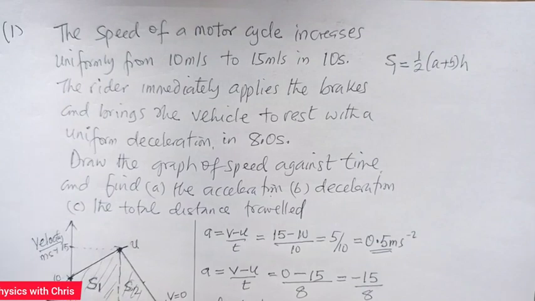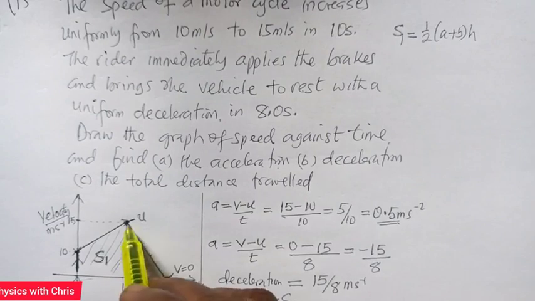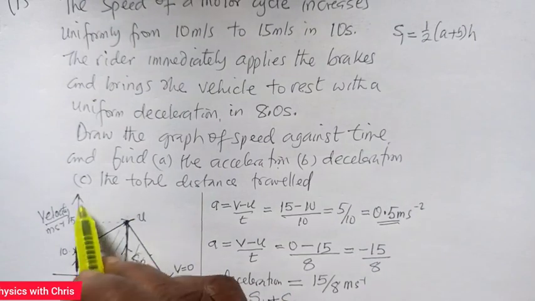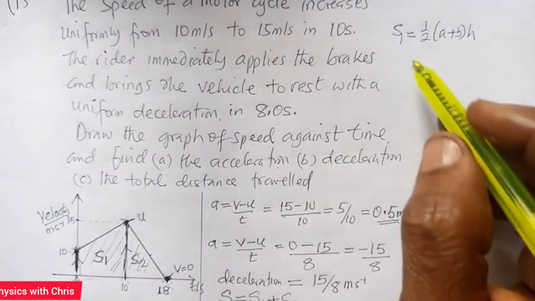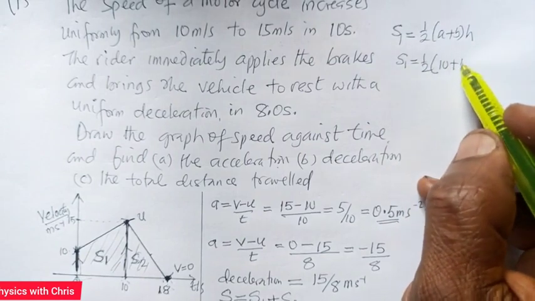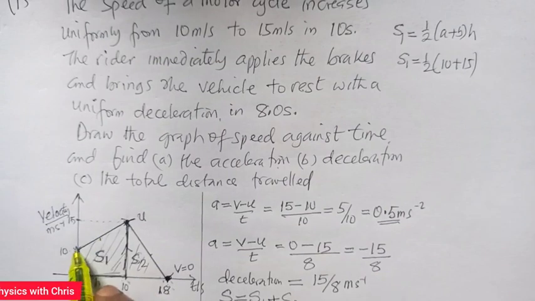These two sides are my parallel sides, these two vertical lines, the 10 and this 15 measured against the y-axis. That gives me half into (10 plus 15). The height is taken along the time axis. Of course, you know that this side is not parallel to this, so these are the two parallel sides.